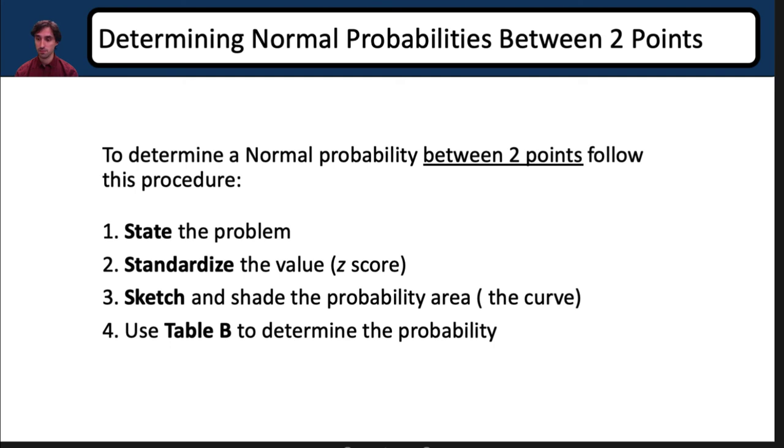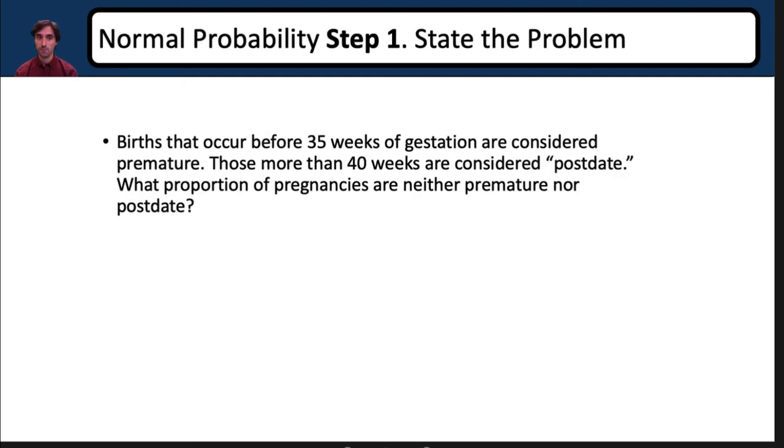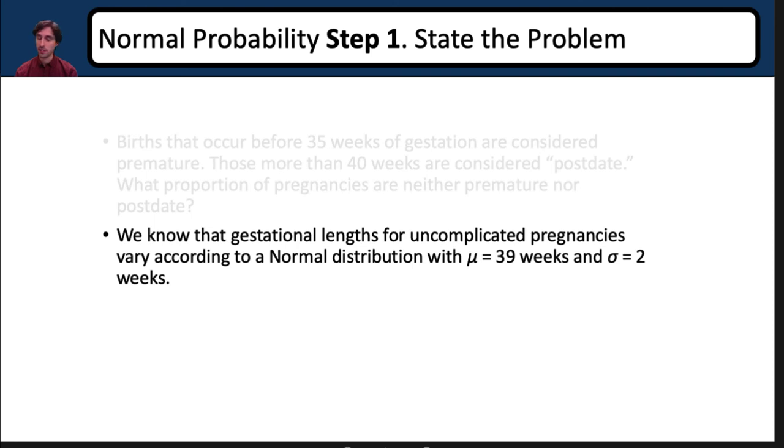We'll give another example. What about births that occurred before 35 weeks of gestation? We know that everything is normal. One thing the book will always do is say it's a normal distribution. If it didn't say that, we really couldn't go further with these types of formulas.